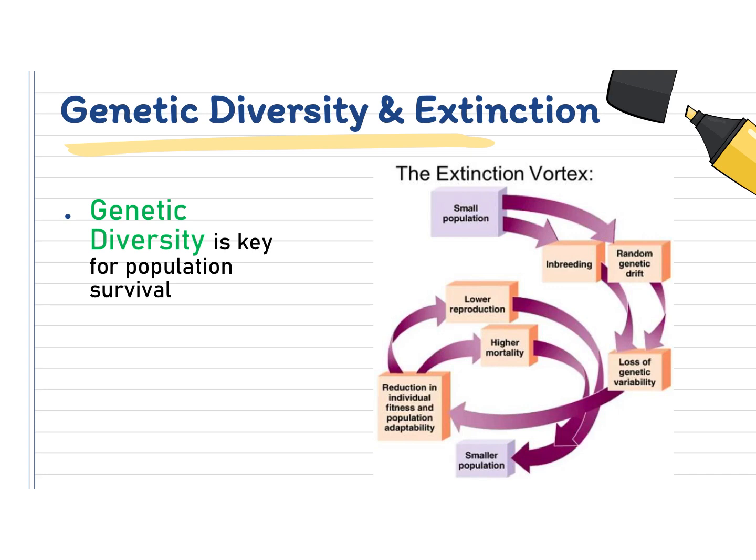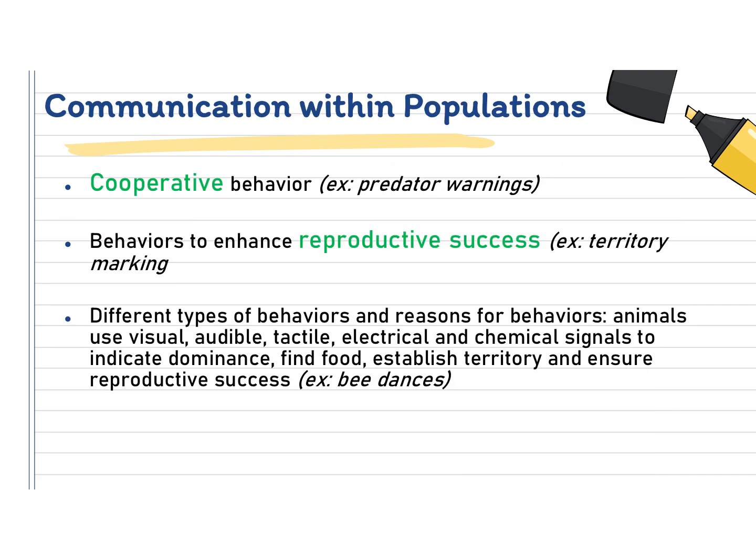organism. So within populations, there's a lot of communication happening. There's cooperation behavior with the predator warnings, or pack hunting where those animals are communicating while they're doing that. So this is where they're working together to achieve a goal. There's a lot of behaviors that are meant to enhance reproductive success. This is territory marking, when animals will pee on a tree. That's communicating, hey, I'm here.